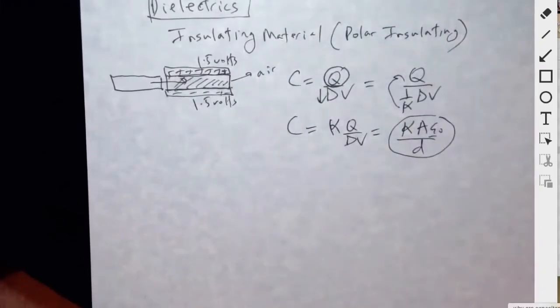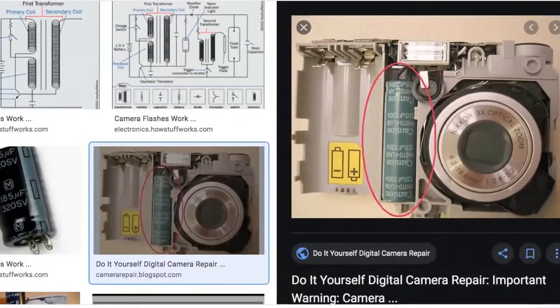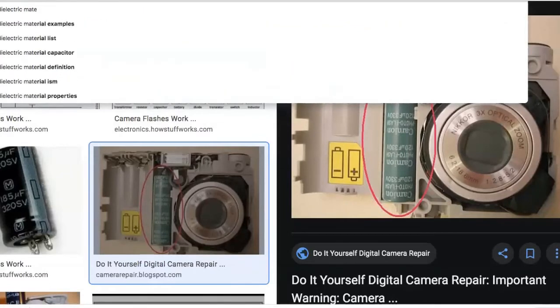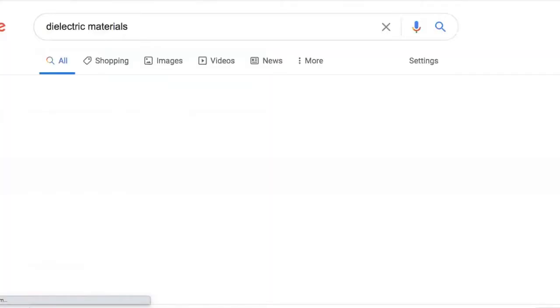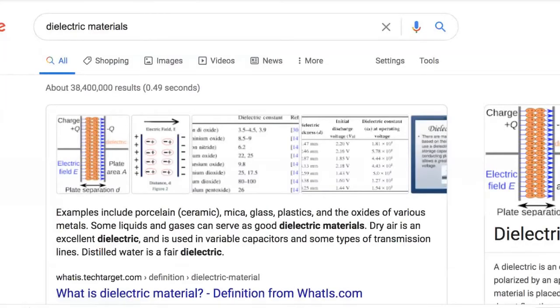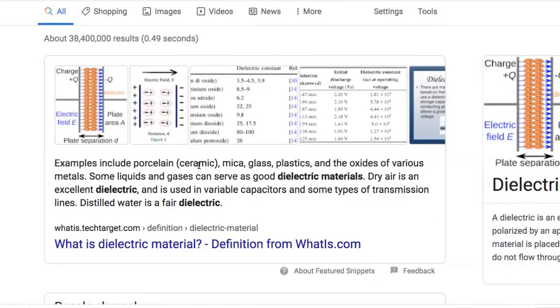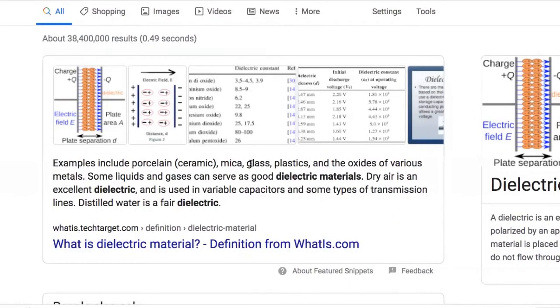We can look at some informal definitions here and get some pictures. Dielectric materials. Examples include porcelain, ceramic, mica, glass, plastics, and the oxides of various metals.